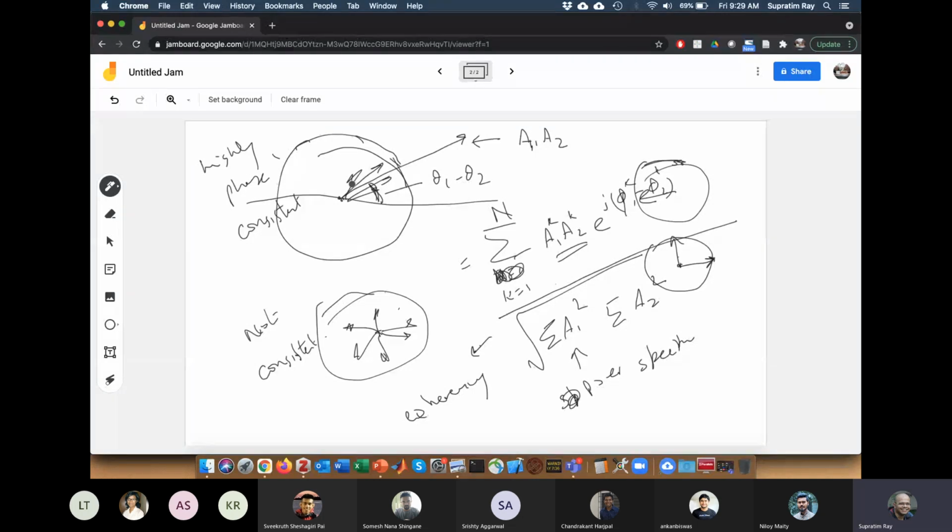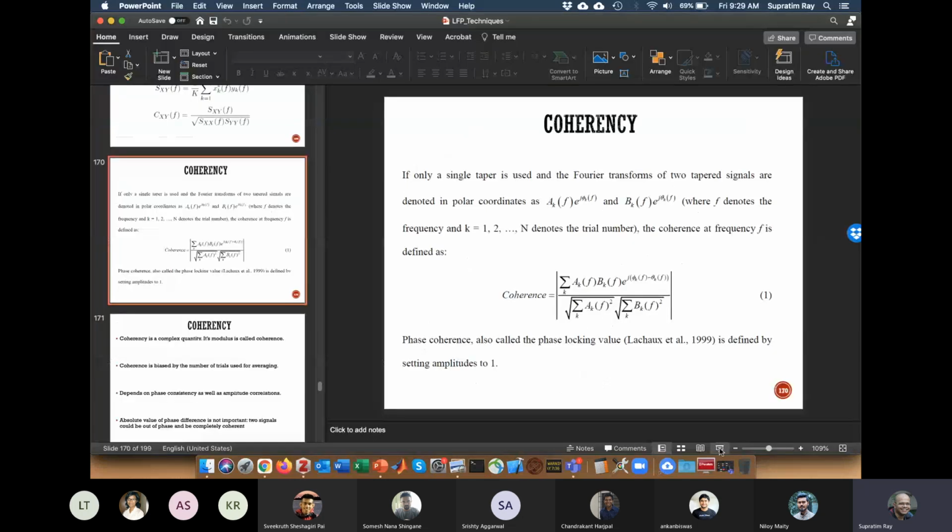I'm just going to make each of these amplitudes equal to 1, check the phase, and then just take the average of these vectors. This is called phase consistency, and it's similar to phase coherence, but it doesn't take into account the amplitudes. It's also called phase locking.